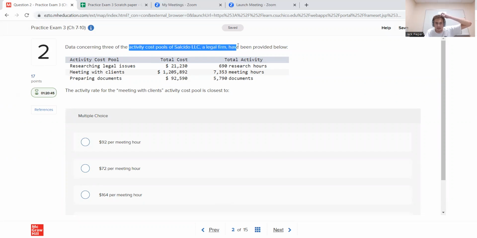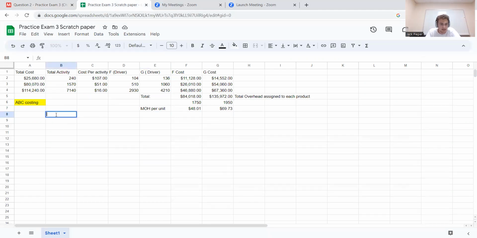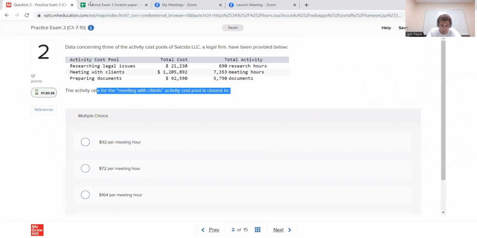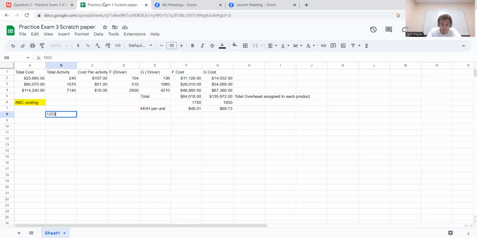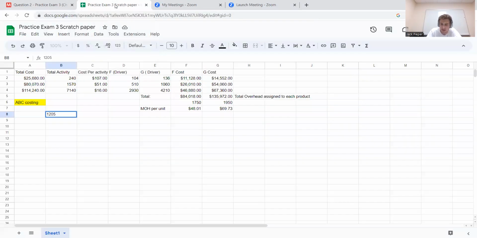Data concerning these three activity pools has been provided below. The activity rate for the meeting with clients activity pool is closest to... So again, we'll do the same thing here. It's 1,205,892, and that's in dollars. So that's the total cost.